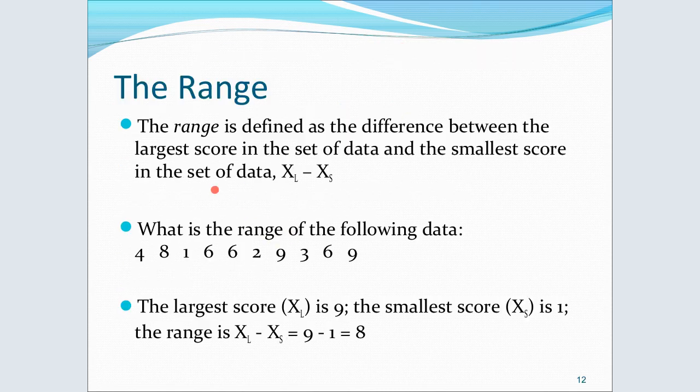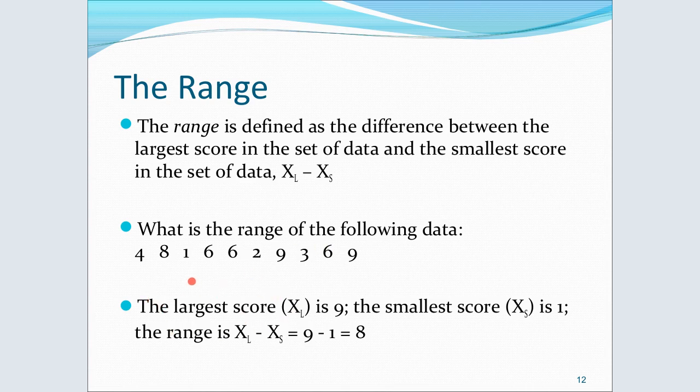Like this, we are talking about the range. It's defined as the difference between the largest score in the data set and the smallest score in that data set. XL minus XS, meaning the largest value minus the smallest. So we are assuming we are given this data set: 4, 8, 1, 6, 6, 2, 9, 3, 9, 6. Then we are asked to find the largest value.